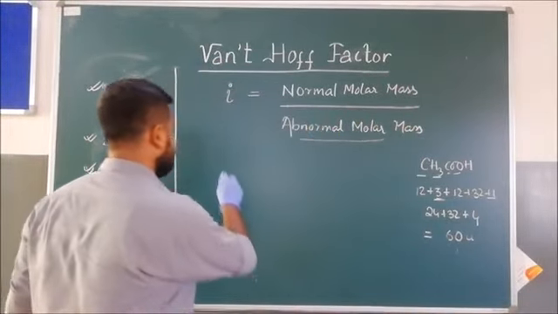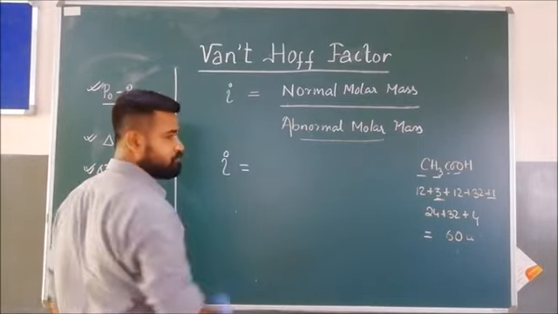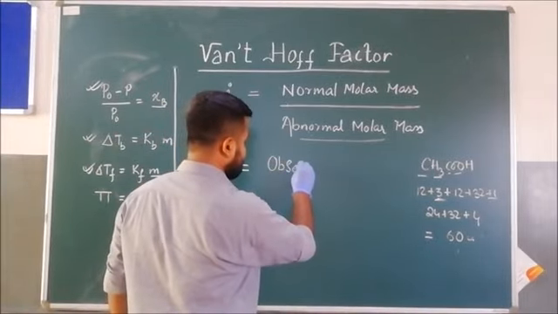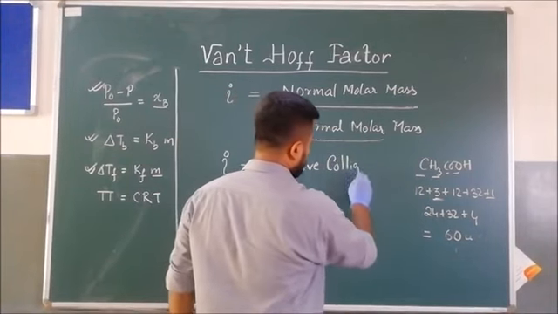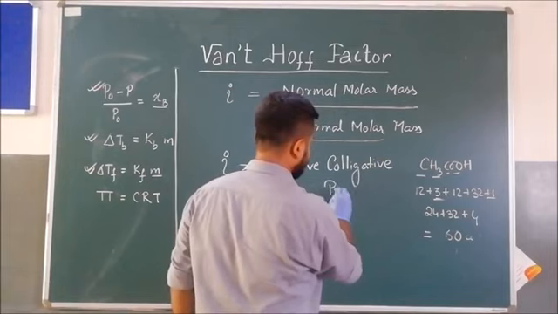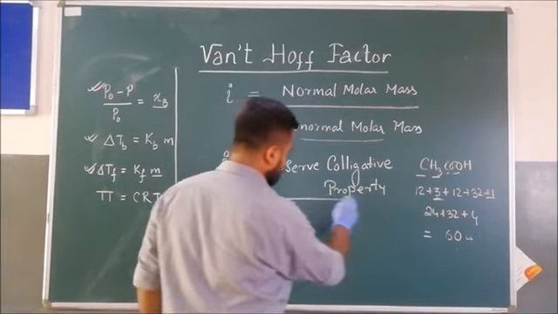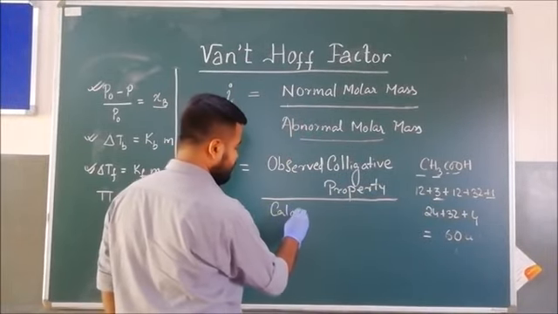So next formula, i equals observed colligative property by calculated colligative property.